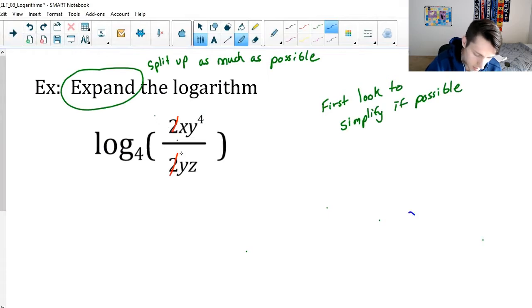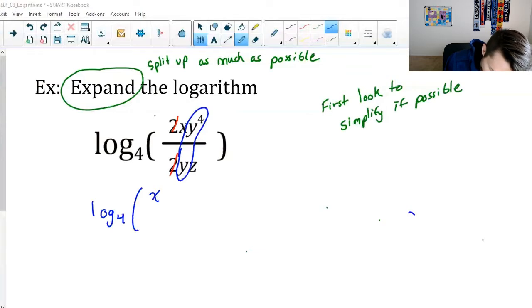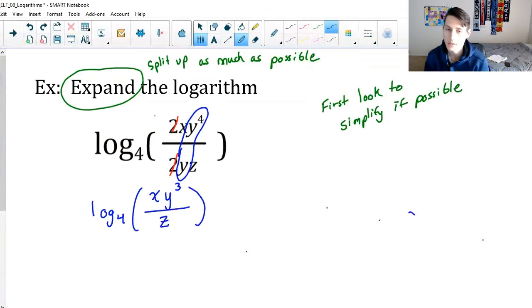I next see that I have a y to the 4th over y. Okay, so I'm going to simplify this. Y to the 4th over y simplifies to y cubed, right? 4 minus 1 is 3. And so now in the denominator, all that there is the z, because the 2 canceled.